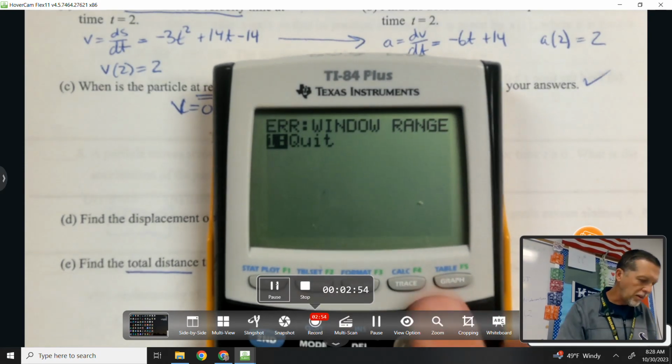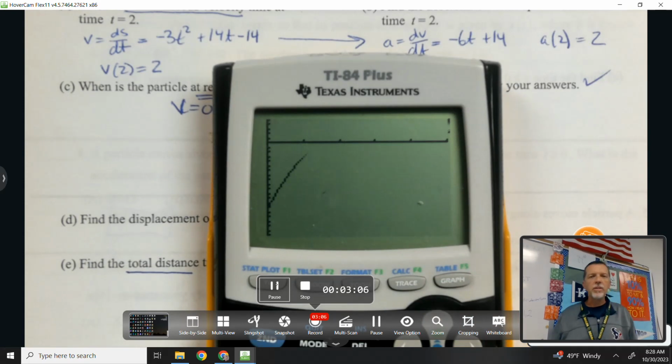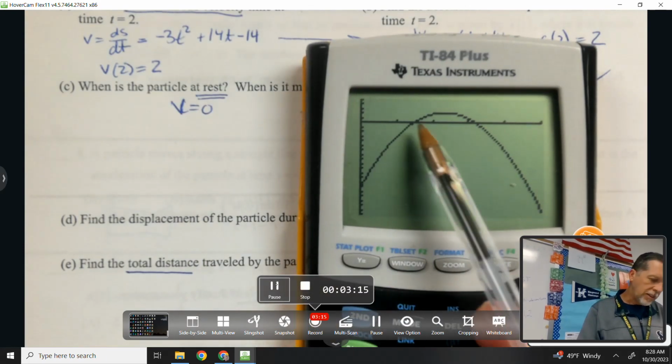Whoops, what did I mess up? 0 to 5. Oh, let's go 5. Whoa. Negative 20 to 5 from my y values. There we go. That's a pretty good picture. So there's my velocity. So velocity is 0 there and there.